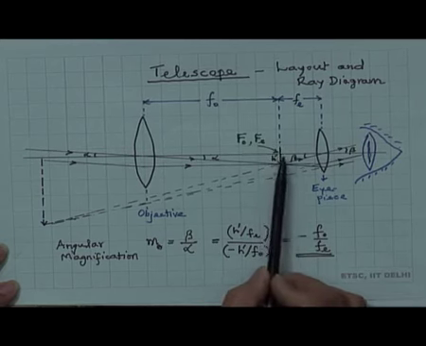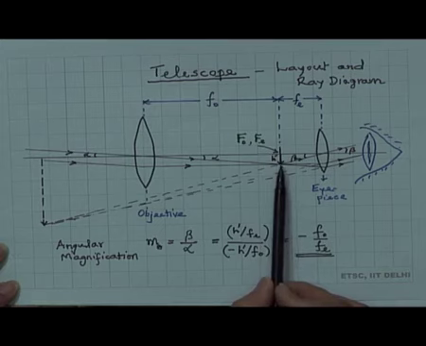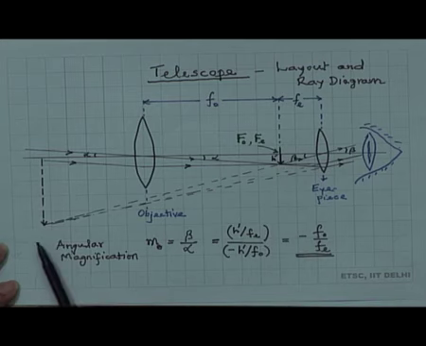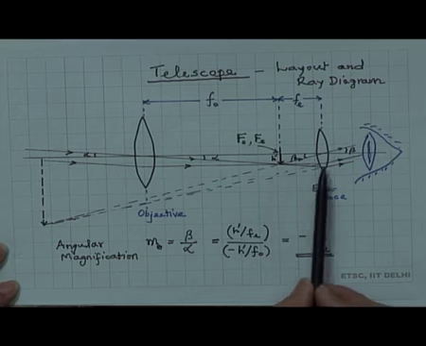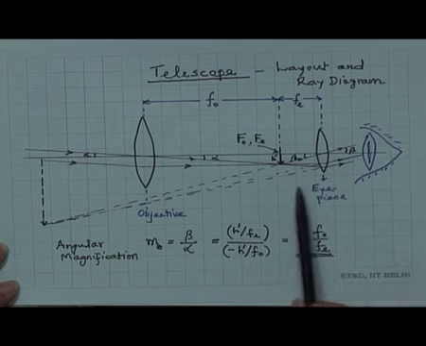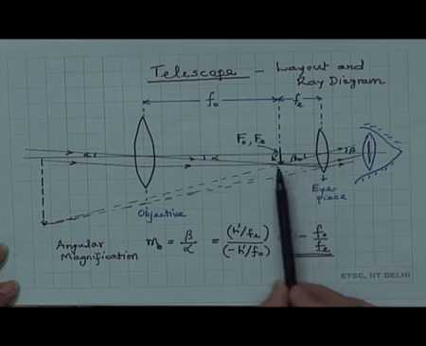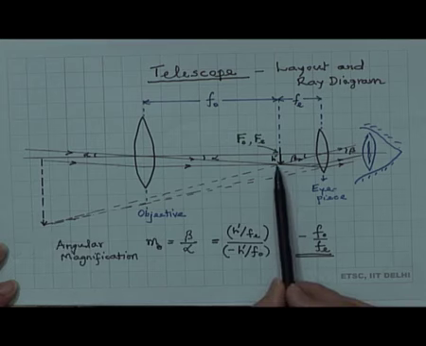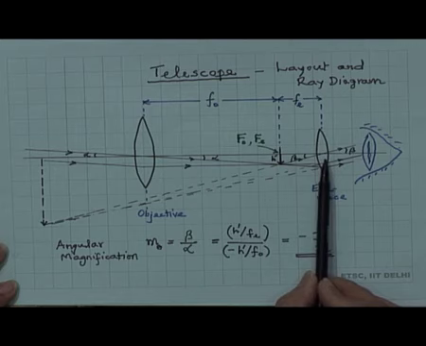Therefore, the first thing that we see is this image, which acts as an object to get a magnified virtual image by the eyepiece. The eyepiece functions as before, that is, it gives us a magnified, virtual image of the object which is placed close to the focus of the eyepiece.